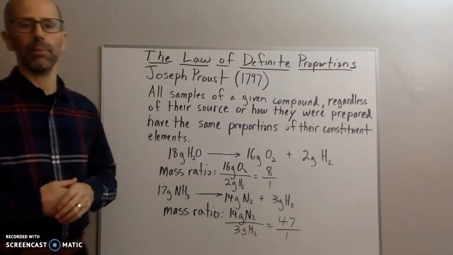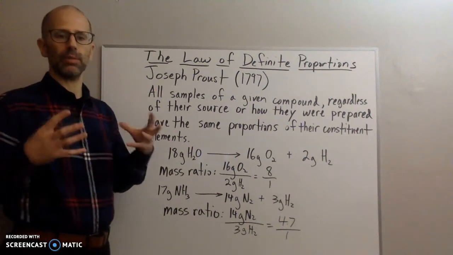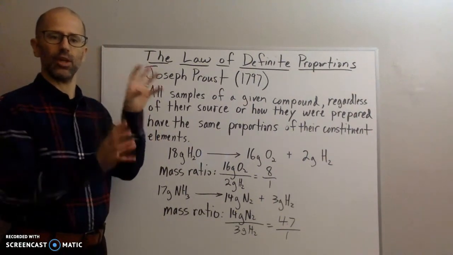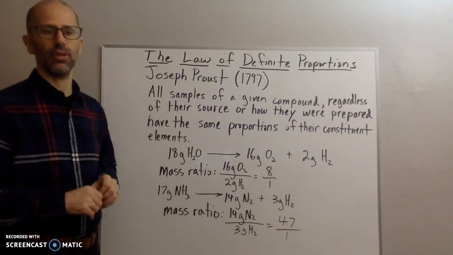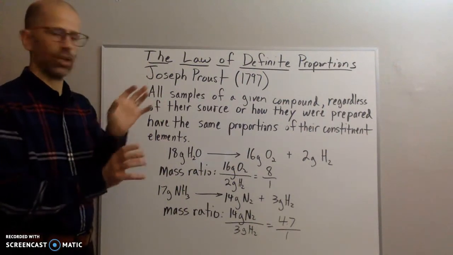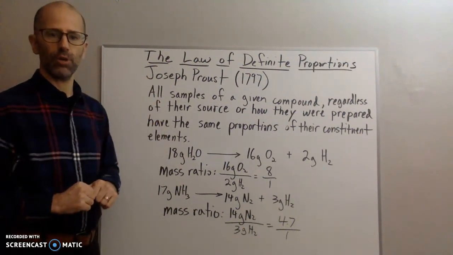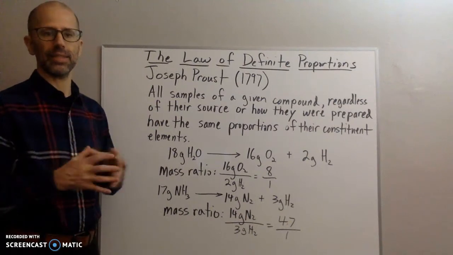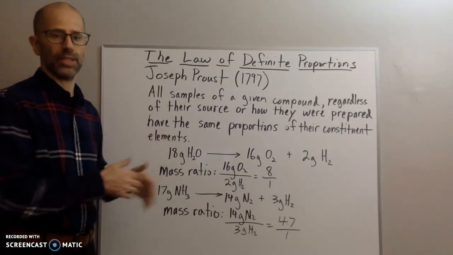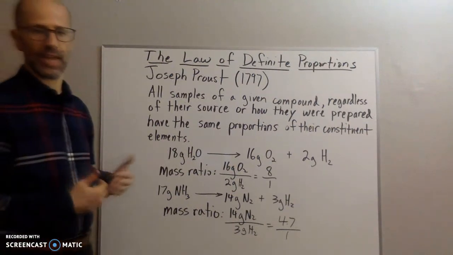So what does that mean? That means that if I break down a substance into its elements and I know their masses, then the ratio, that's another word for proportion, the ratio of their masses is going to be the same for that particular compound, no matter where I get it.